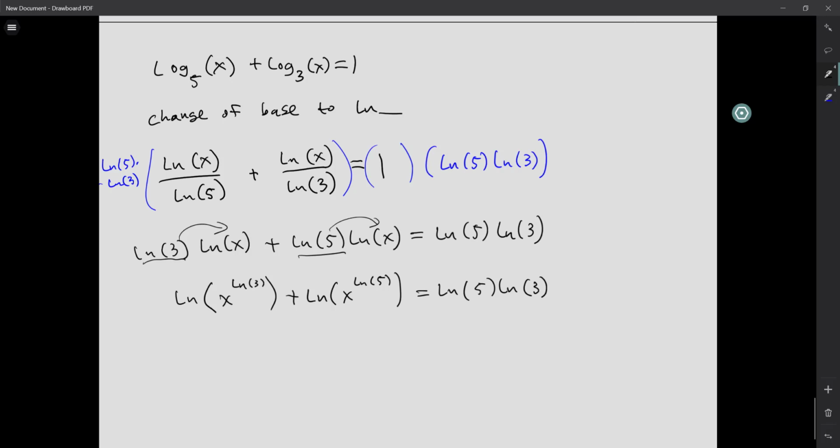I can combine these logs now because they have no coefficients and they're a common base. So this is natural log of x to the ln 3 times x to the ln of 5. Now this is a multiplication of exponents with a common base on the inside, and I can simplify that as well. I suppose another thing I could have done was to simply factor out natural log of x.